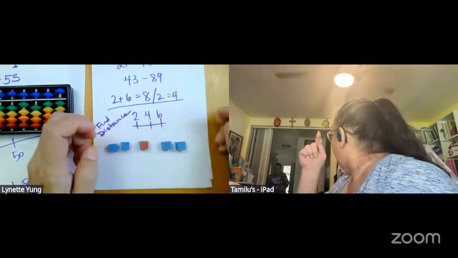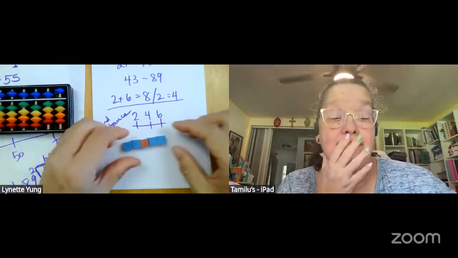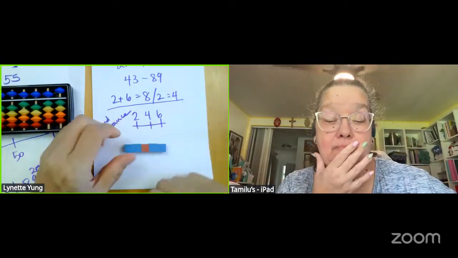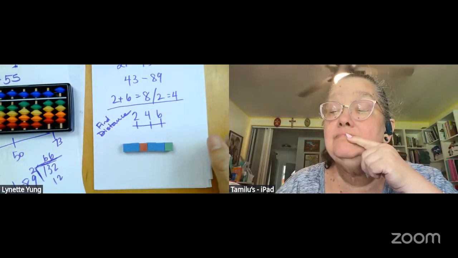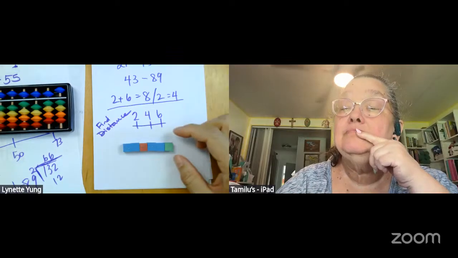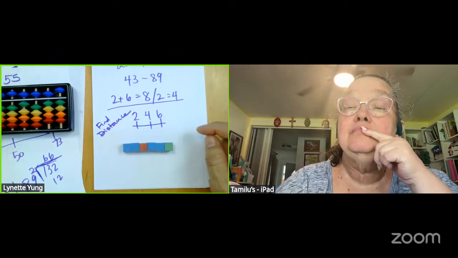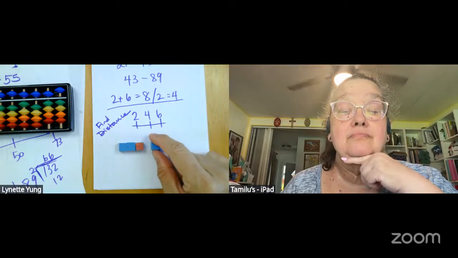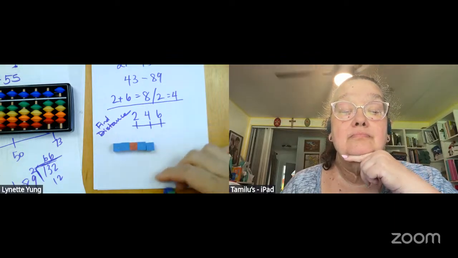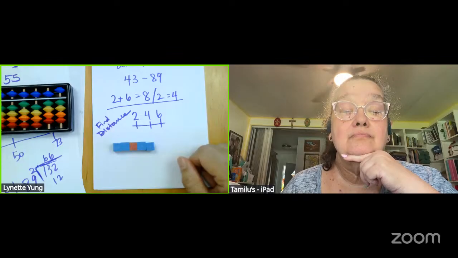So I don't know if a number line would be helpful. You can use items as well. But if it's 6, what's your middle? 3. So if it's 5, what's your middle?